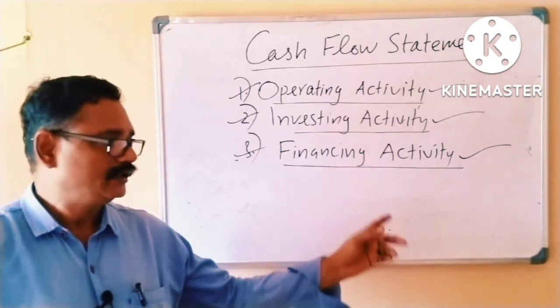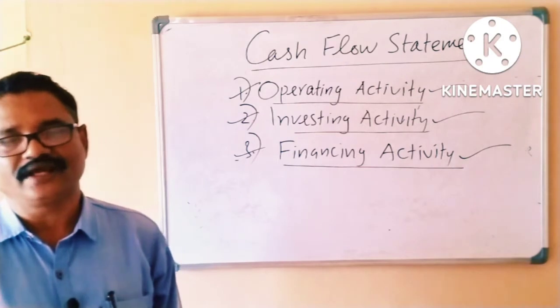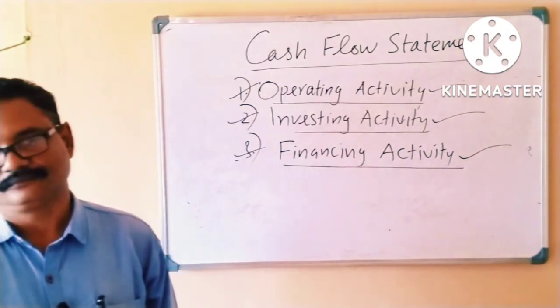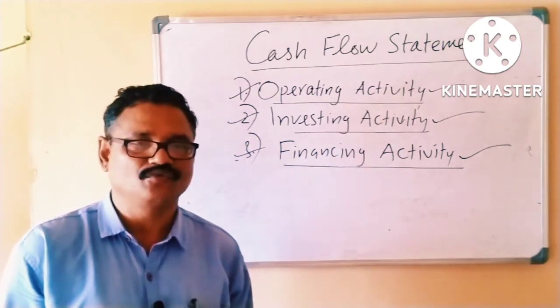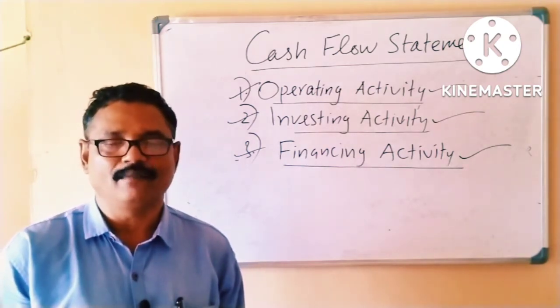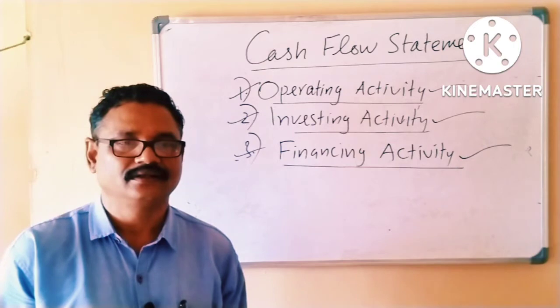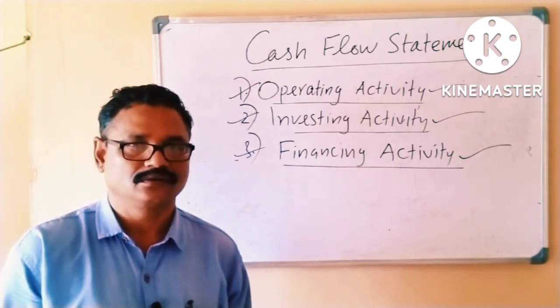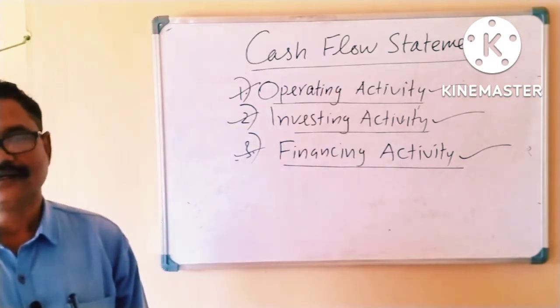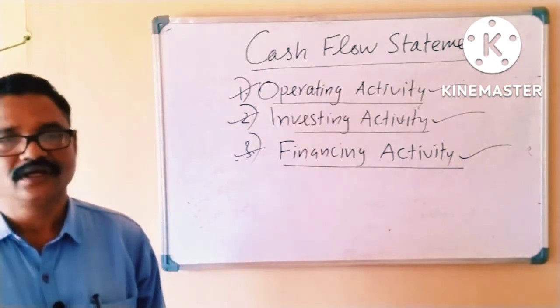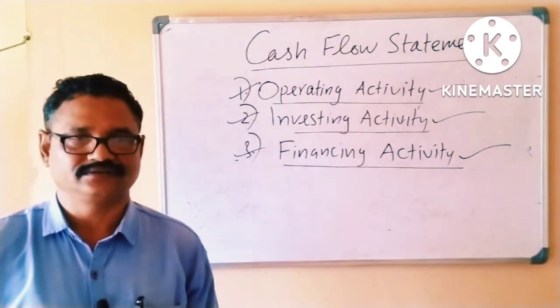Then we will get a closing cash balance. If we didn't get the closing cash balance which is given in the liability side, our answer is wrong. If we get the closing balance, our answer is correct.